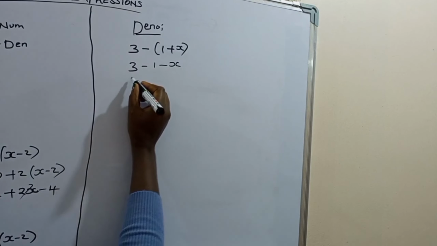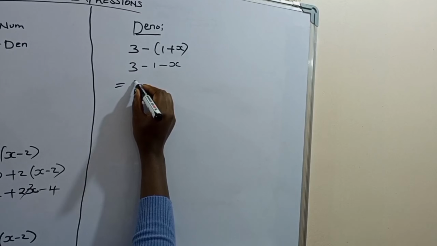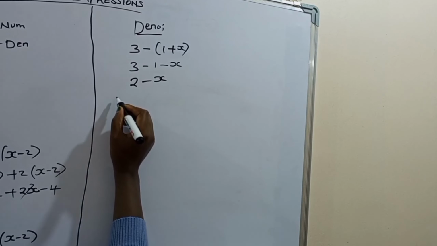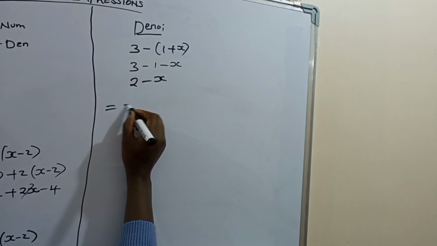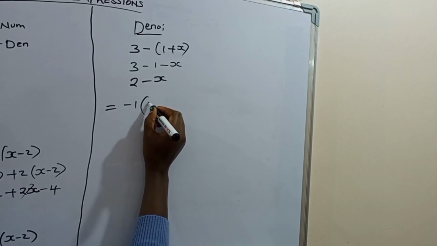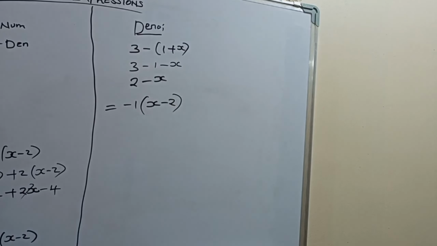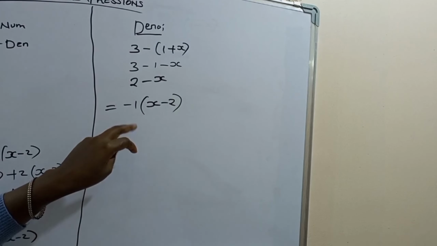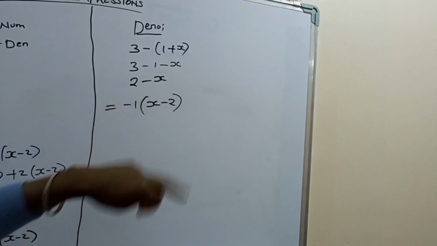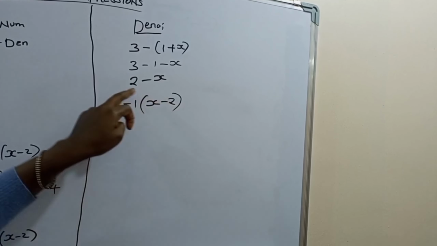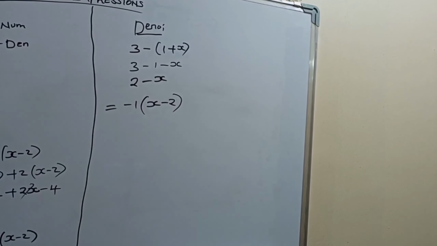3 minus 1 we get 2 minus x. This is equivalent to negative 1 into x minus 2. So trying to open the bracket, you find negative x times 1, negative 1 times negative 2 is positive 2.